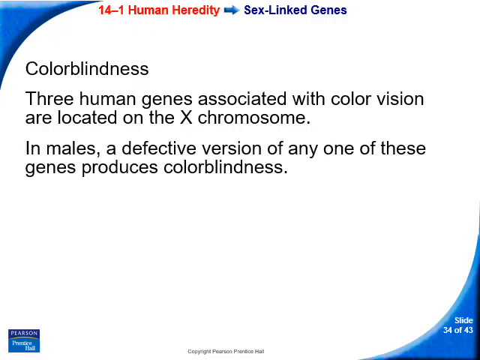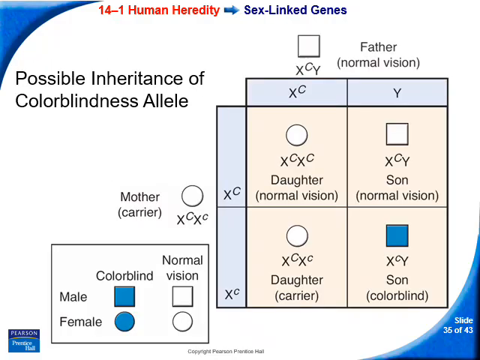In males, a defective version of any of these genes would produce color blindness, because it is a recessive gene found on the X chromosome. The expression of this gene is most likely among males, because males have only one X chromosome.